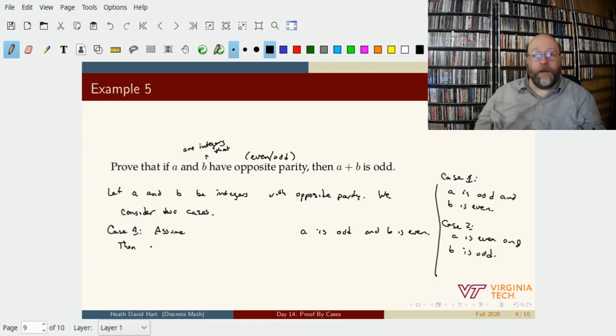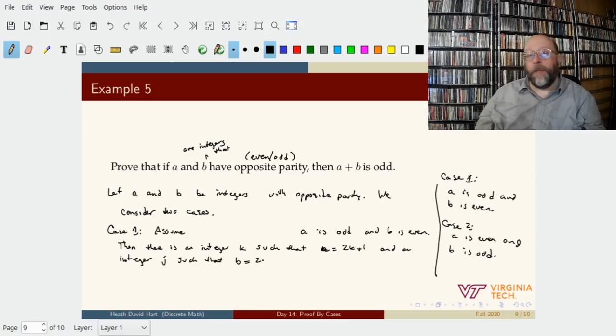Then there is an integer k such that A equals 2k plus 1, and an integer j such that B is equal to 2j.